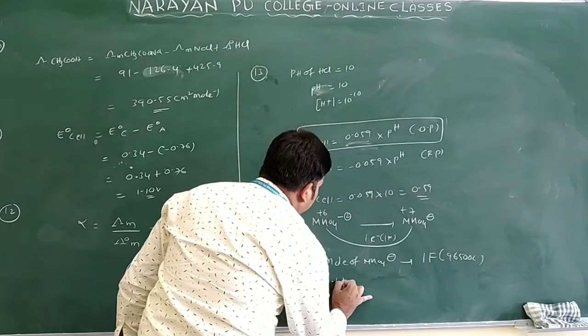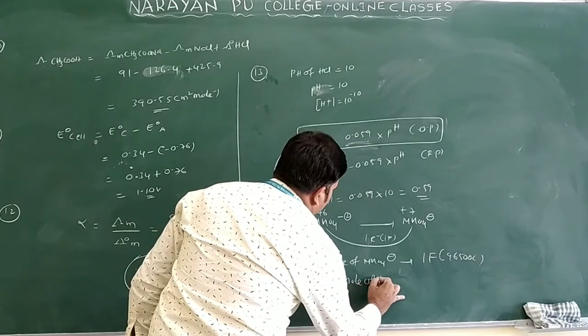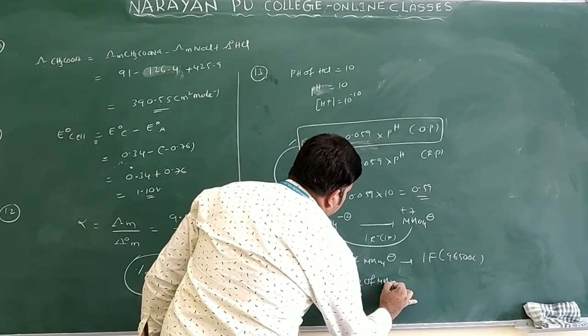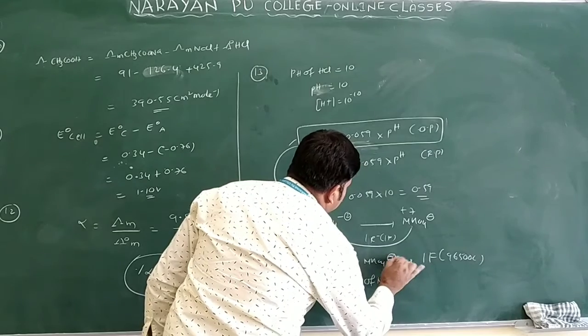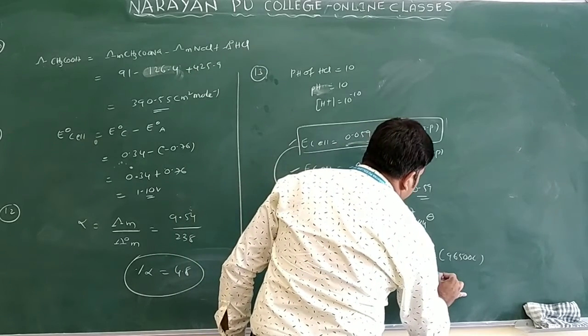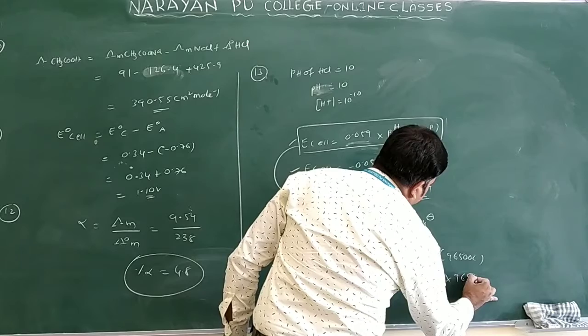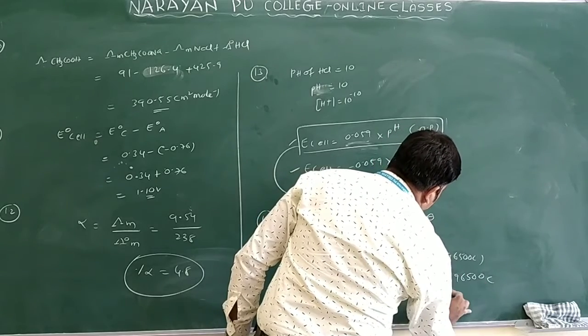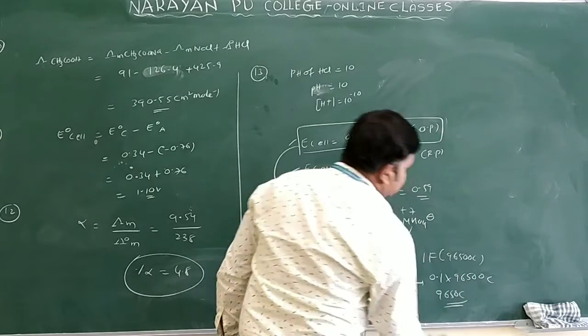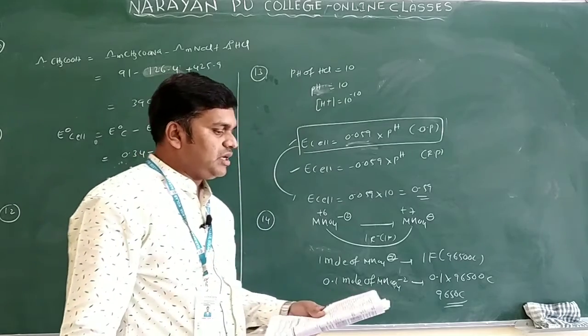If you want to take 0.1 mole, it requires 0.1 into 96500 coulombs. Then you will get 9650 coulombs. So your answer is option 3.